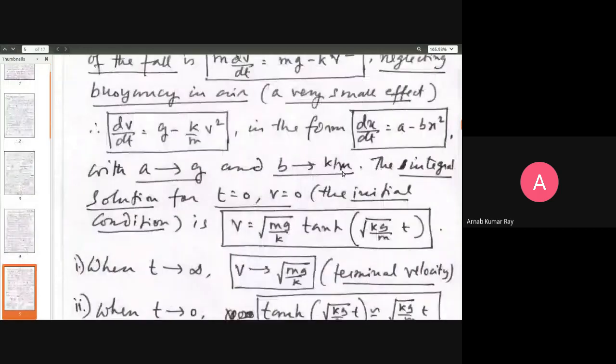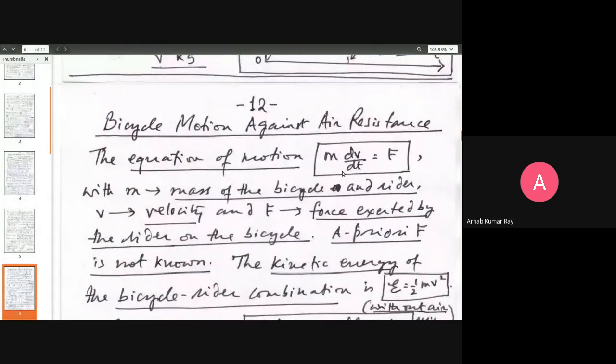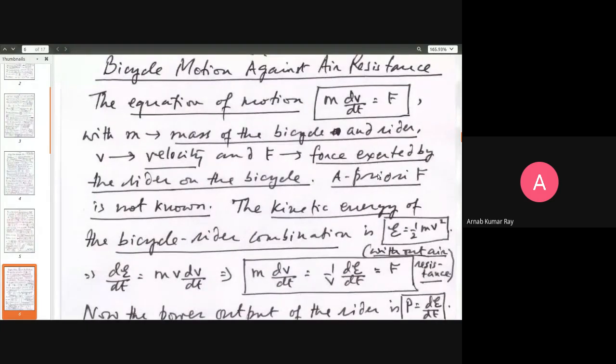What we are taking up now is horizontal motion against air resistance. So, bicycle motion against air resistance. We began the discussion in the last class, so let me quickly revise a few of those basic points. You first write the force equation, which is the standard Newtonian approach: equation of motion, mass into acceleration is the force.